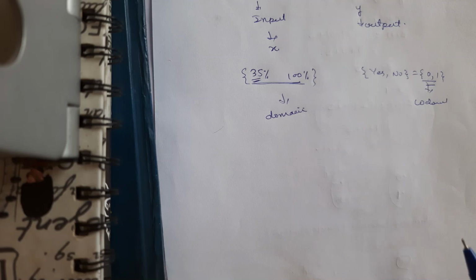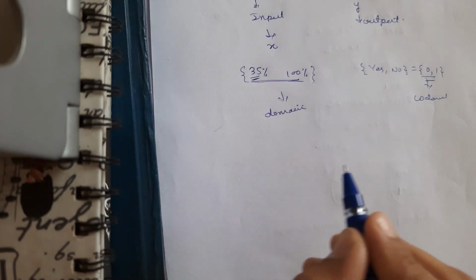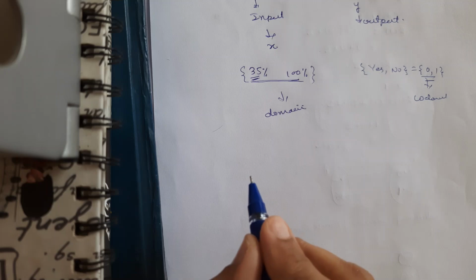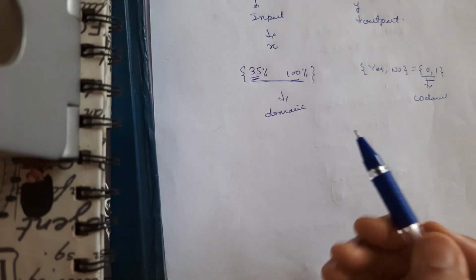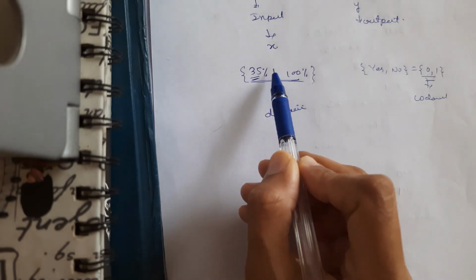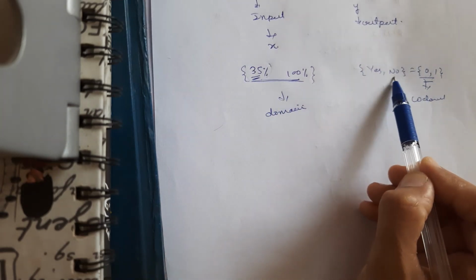Simply, a function is a relationship, but that relationship is a special kind of relationship. We need exactly one output for one input. For the same input we cannot have two outputs. Like for example, I feed the percentage 35% and at the same time I am getting yes and no both. This is not possible.